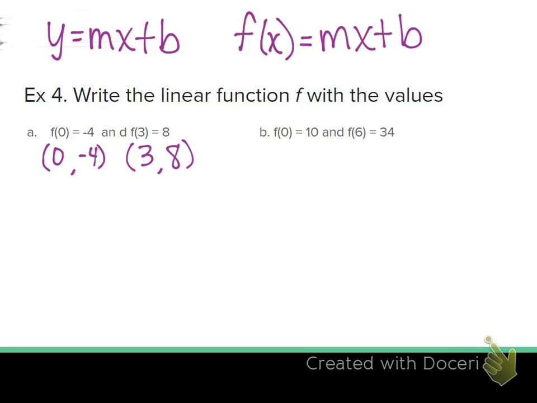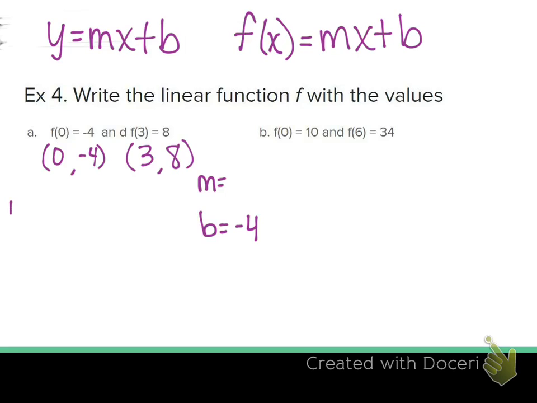Okay, after we pull that information out, then this problem is just like the examples from that section before the functions box. We've got 2 points. We need to know m and b. Which one do we have already? B is -4.